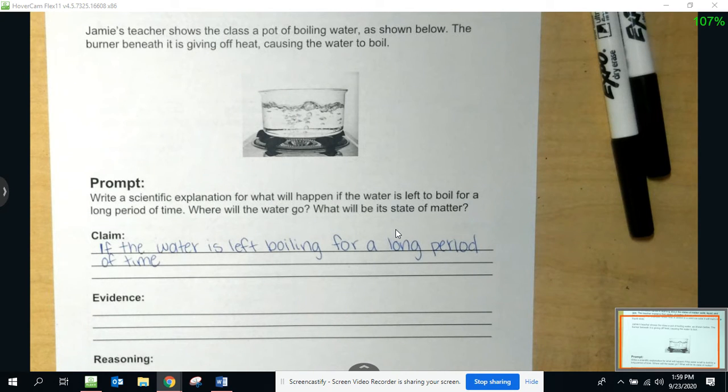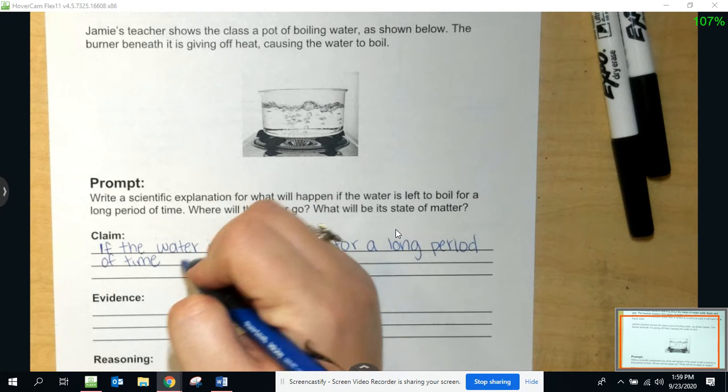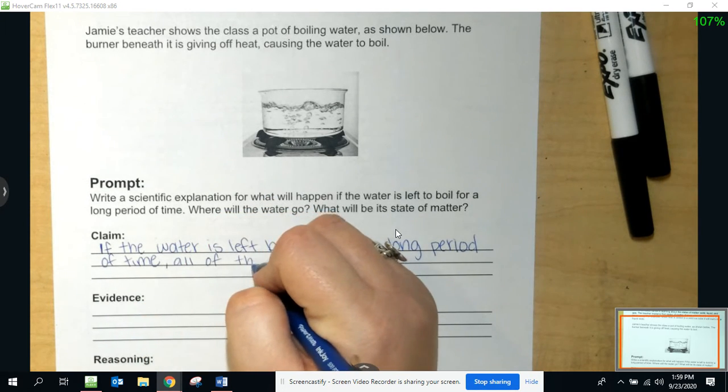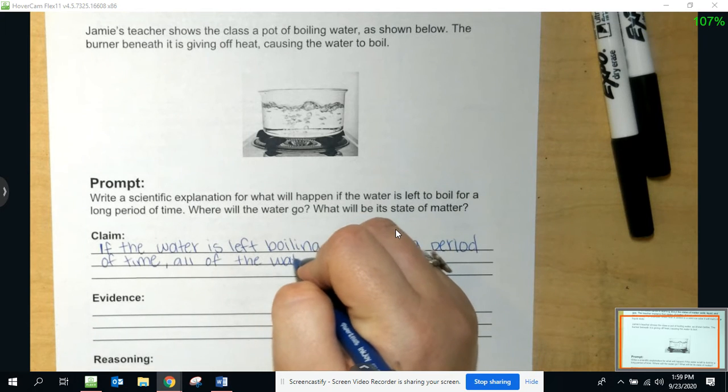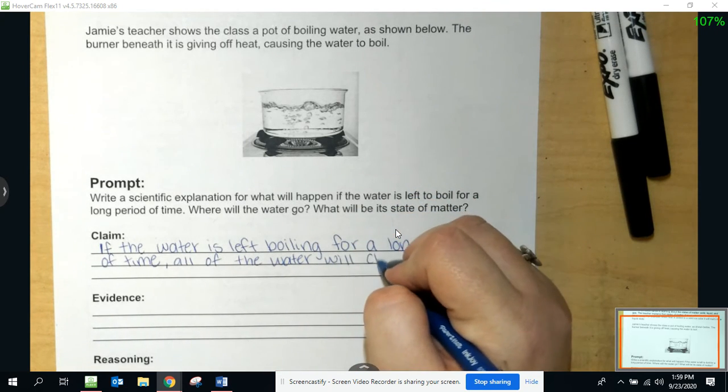Into the gas. Into the air, which is a gas, right? Water vapor. Yeah, it turns into water vapor. So all of the water will change to a gas.